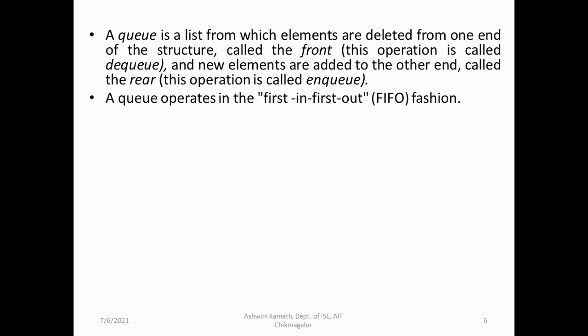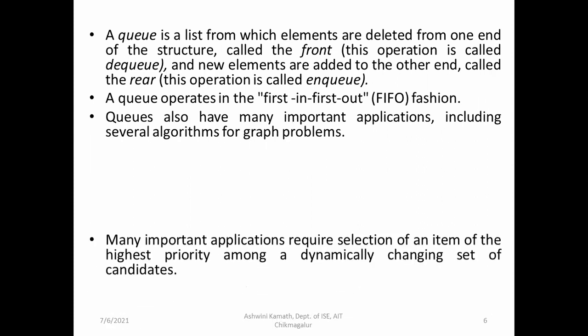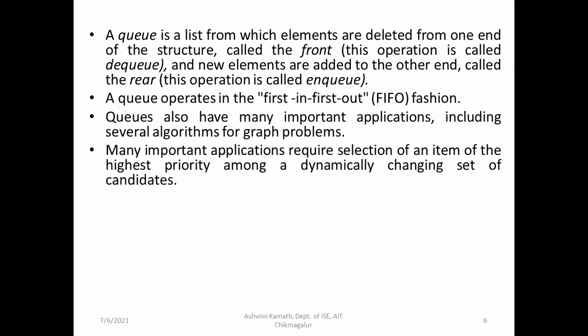The queue operates in a first in first out manner. The first who enters the queue will first come out. That is the concept: first in first out. Queues also have many important applications, including several algorithms for graph problems. You will learn about graph problems later.